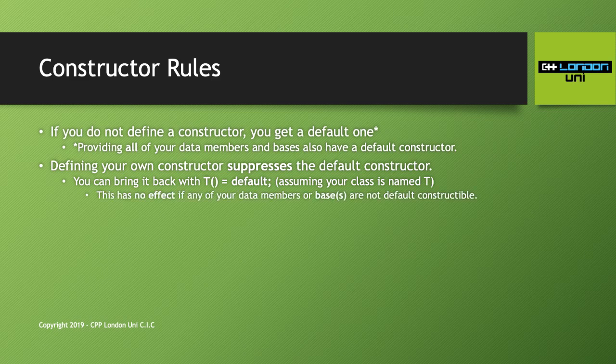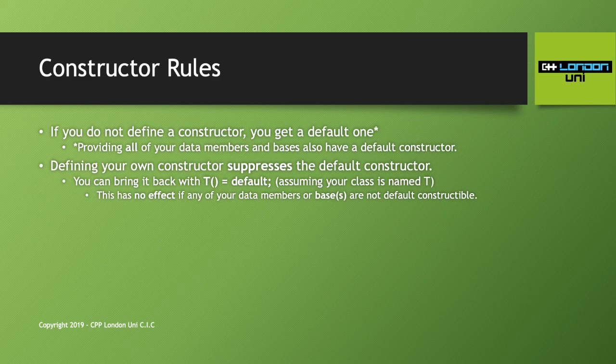But, again, whilst you can write this line of code in your source, if, as I said before, to this bullet point here, any of your data members or bases are not default constructible, this does nothing. And you'll just be really, really confused. Because even though you've written this, you're like, okay, I said this was default constructible. The compiler's just going to error out and say, no, your type's not default constructible.